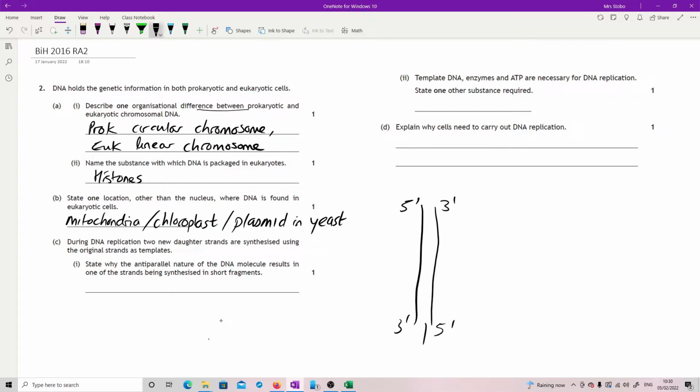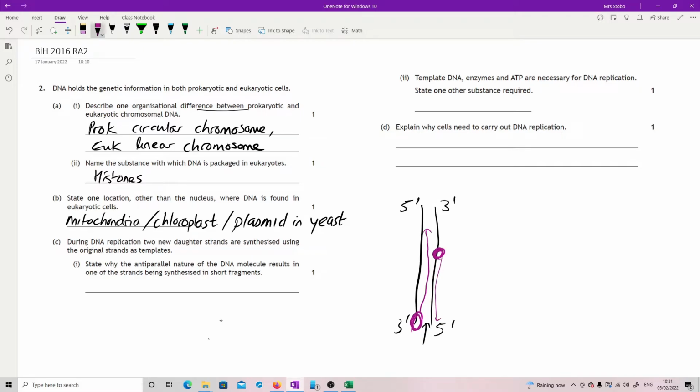We open it up from the bottom, peel that apart using helicase to do that. But DNA polymerase can only latch on to this end. So we are only adding to this end. So we're going up the way here, and that's absolutely fine. But this one can only start once you've opened up enough of it to connect on at the top and then read down.